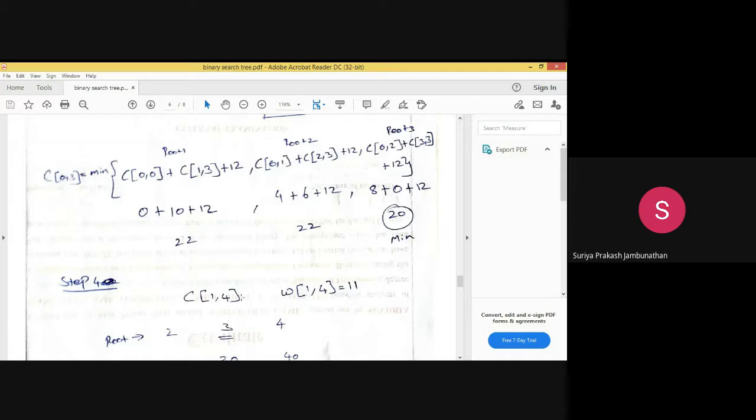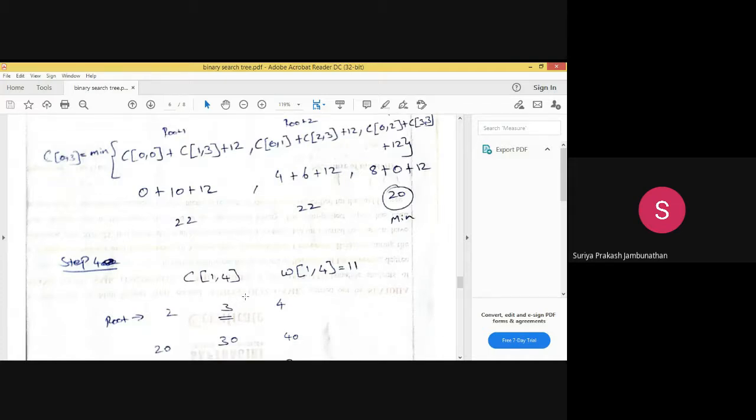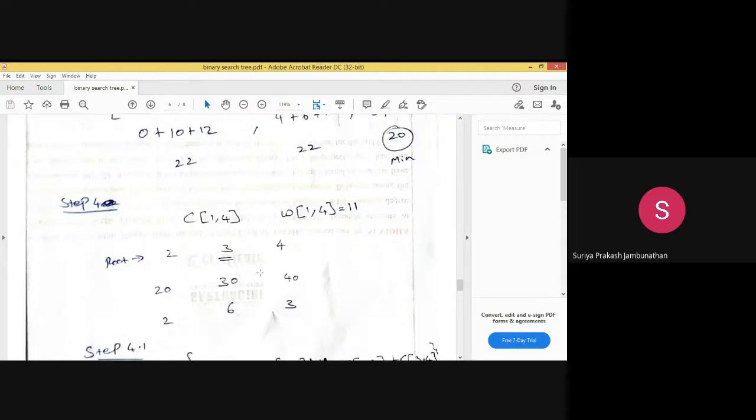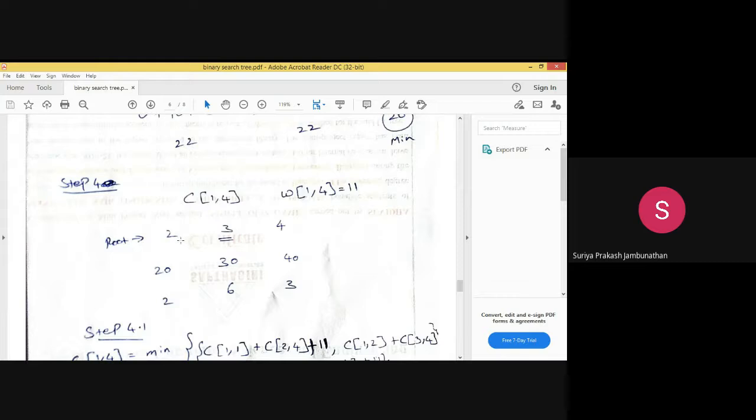C of 1, 4 can be taken as 2, 3 and 4. So discarding the first one, second position, third position and fourth position will be taken because the size is 4. So 2, 3 and 4 we are taking. In this case, for 2 the key value is 20 and the frequency is 2.